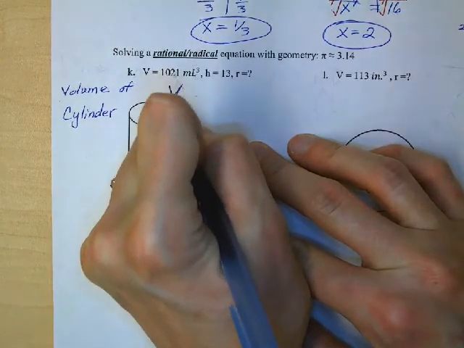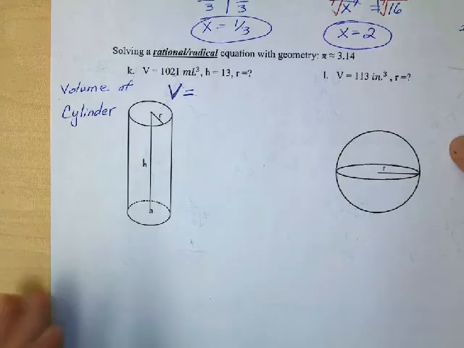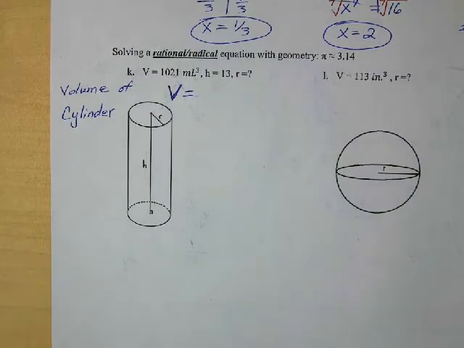It should give you a formula. Do you know what it is? You can look it up. It takes a second. Just go to Google. What's the volume of a cylinder? What did you get?